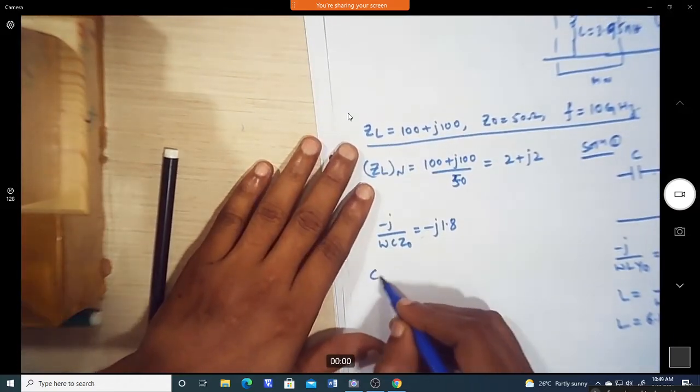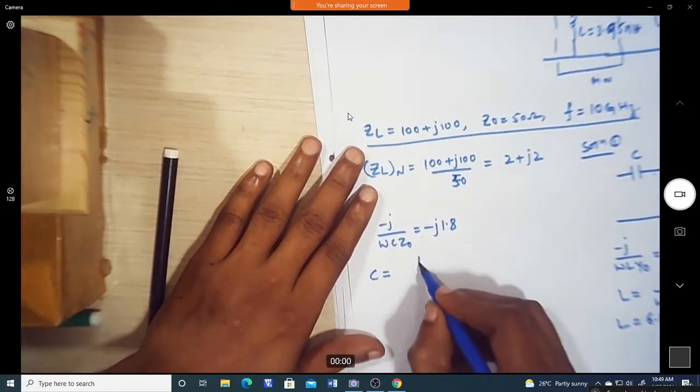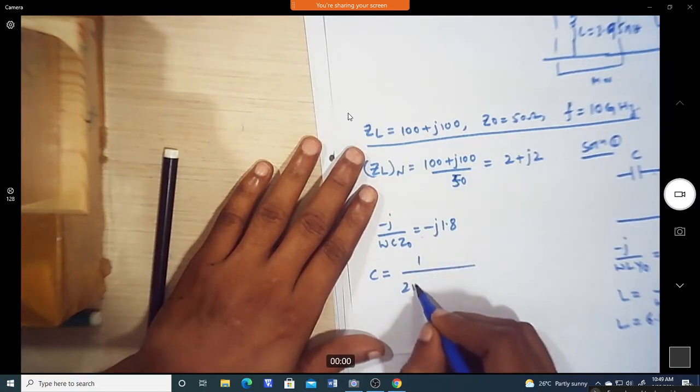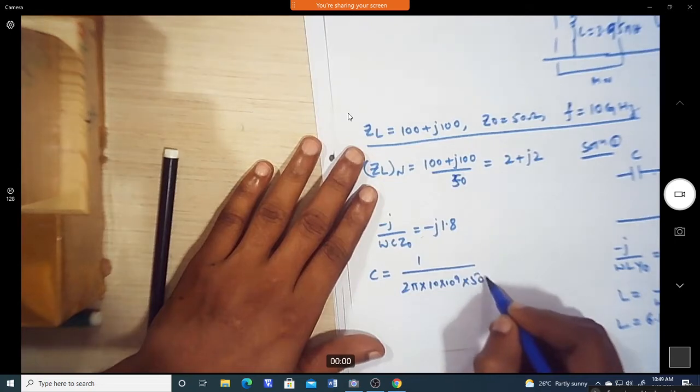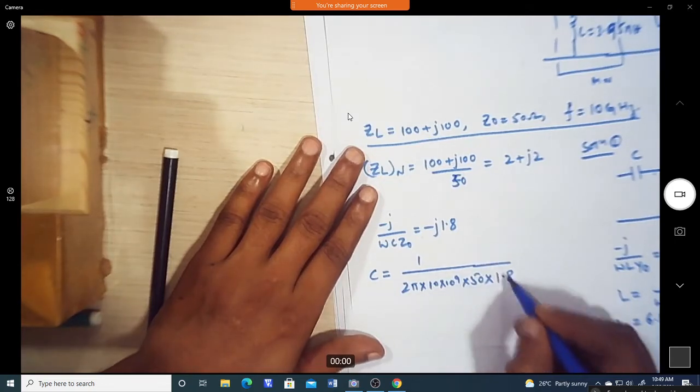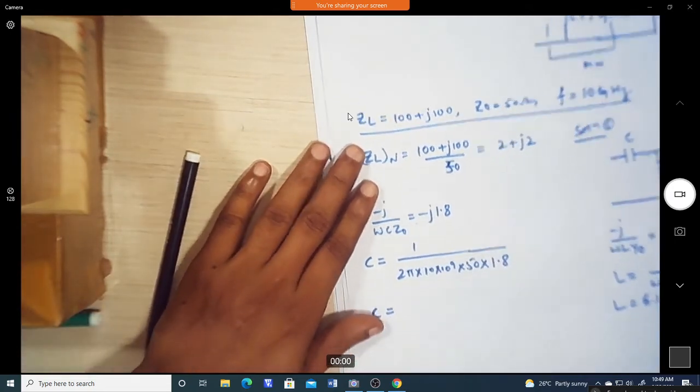Now we can find the capacitance value, which is 1 over 2 pi into 10 into 10 power 9 into 50 into 1.8.